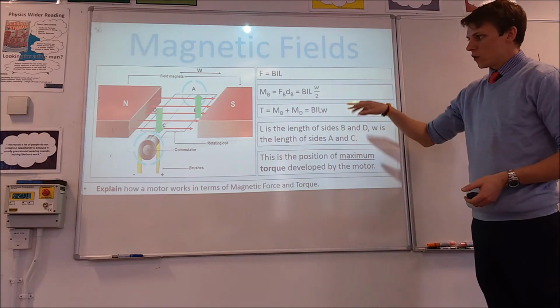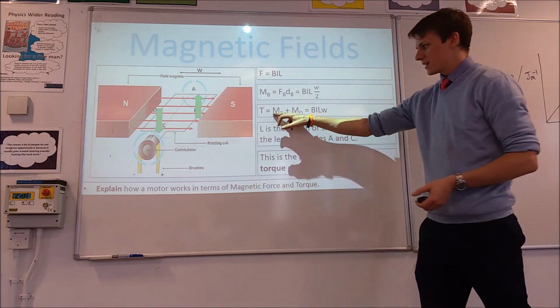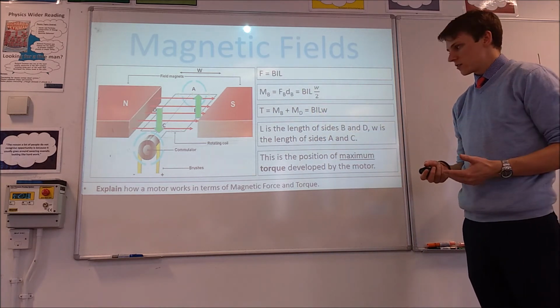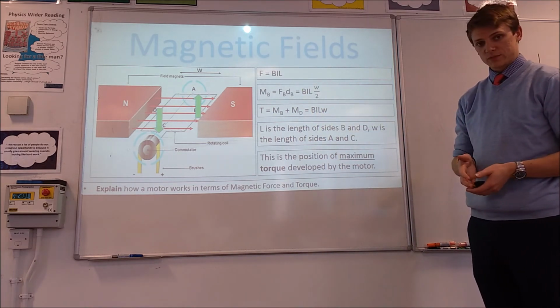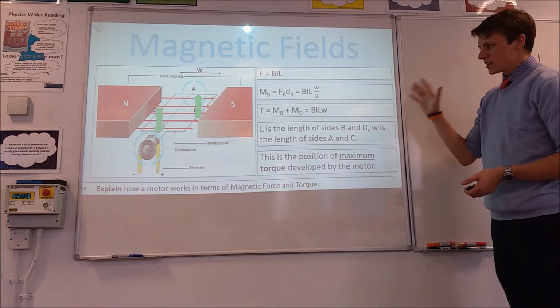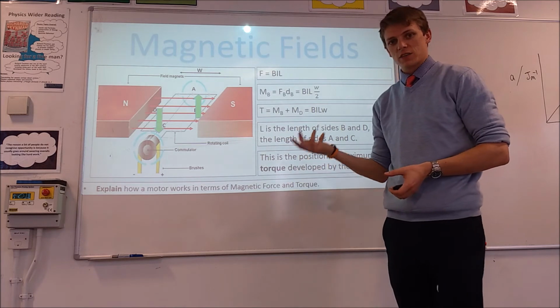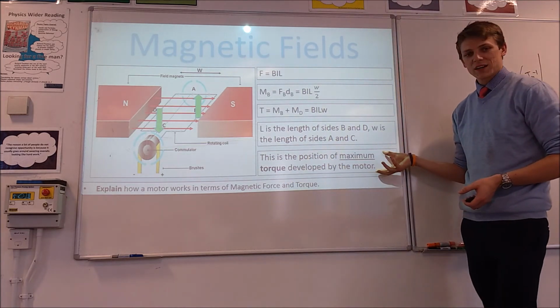So we've got two of those, because these two are going to add together, so we end up with the total torque is BIL times the width of our coil there. So this is where we're going to get the maximum torque on our motor.